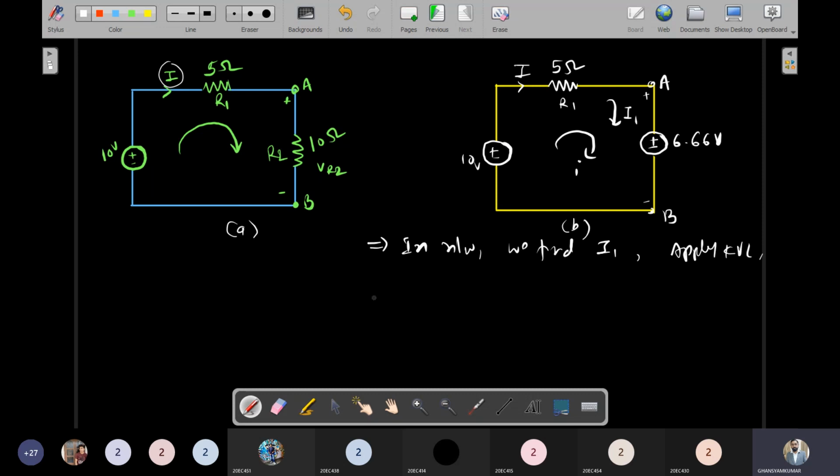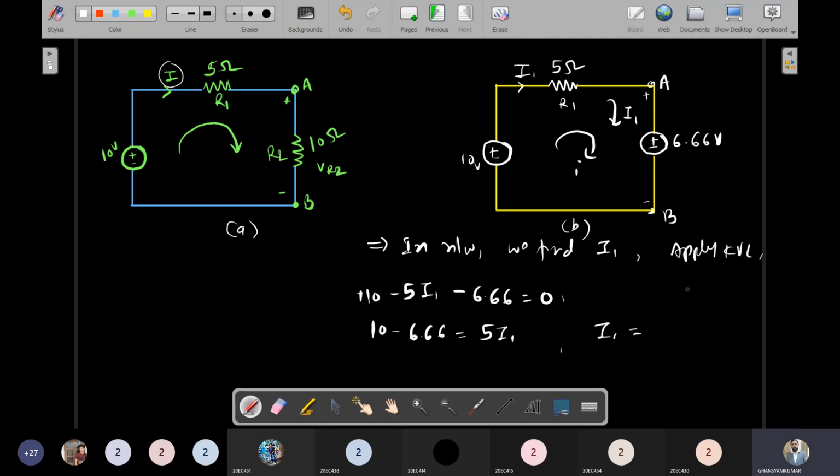You move from this side, plus 10, then minus 5 into I1, minus 6.66 equals 0. Now 10 minus 6.66 equals 5 I1.